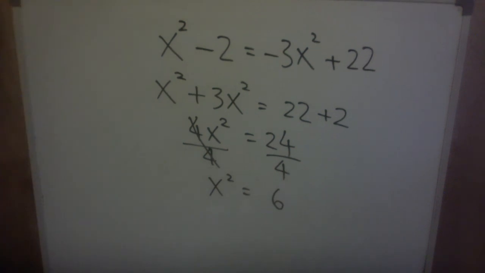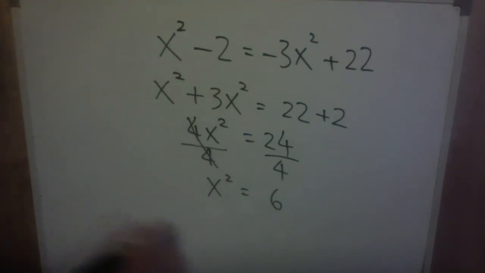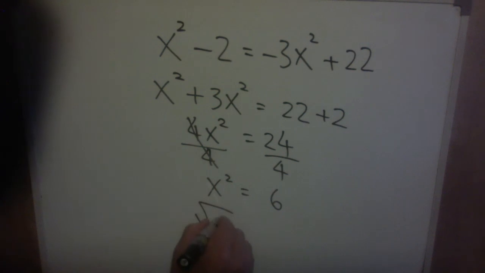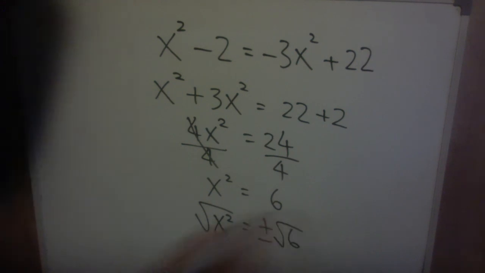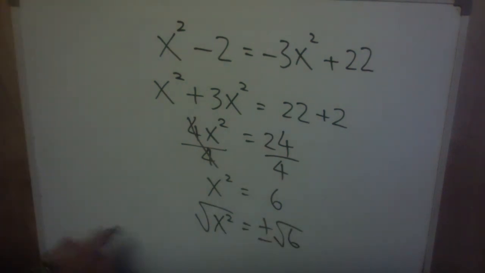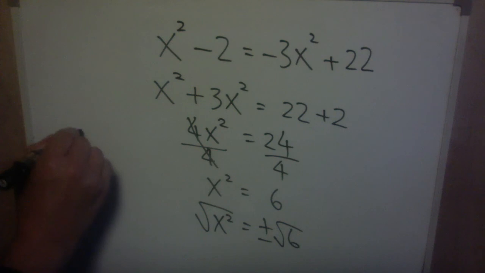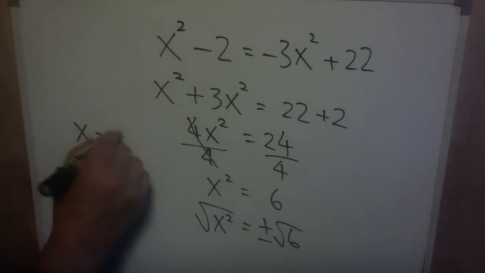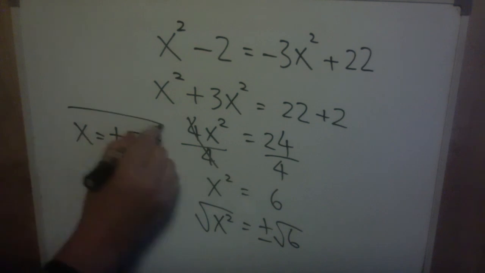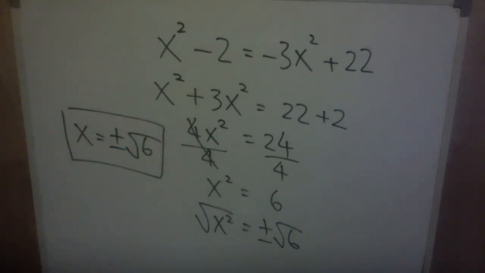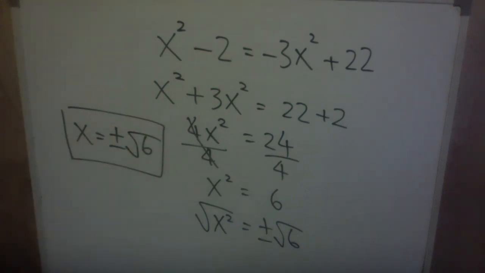Now you can take the square root of both sides, and I'm going to get the square root of x squared equals positive and negative square root of 6. So we have our solution: x equals positive and negative square root of 6. And this is how you solve a quadratic equation by taking the square roots of both sides.